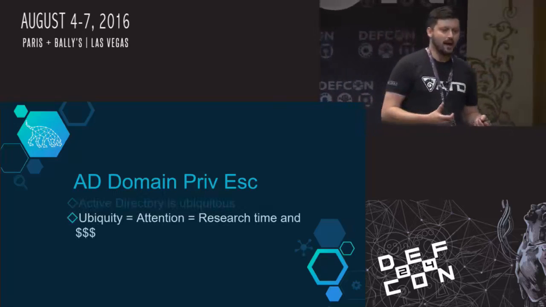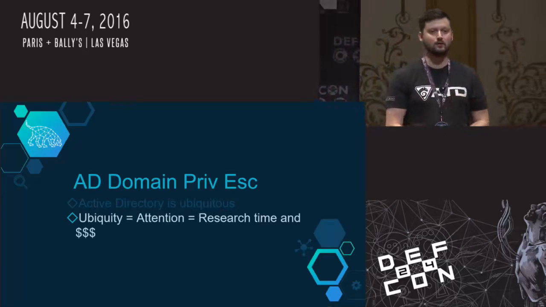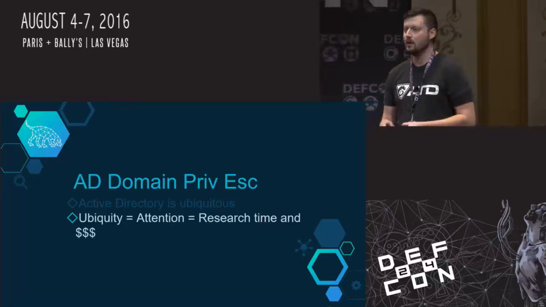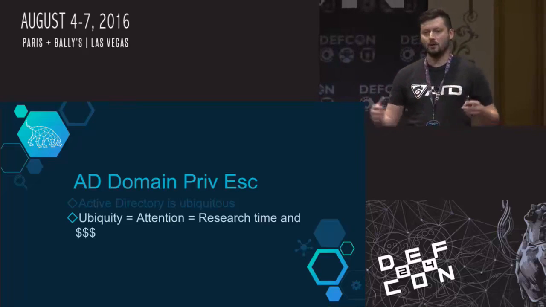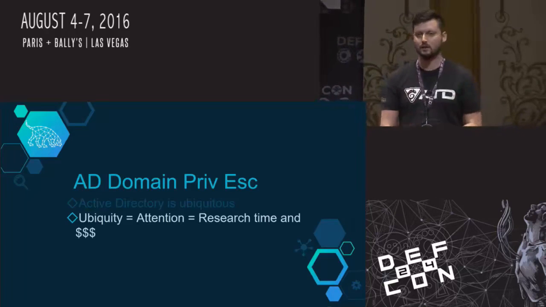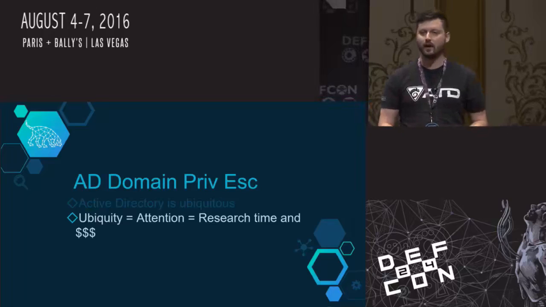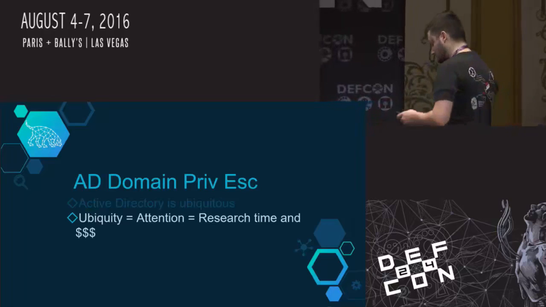That ubiquity means that Active Directory is a subject of a lot of attention, not only from defenders, but also from attackers. So that means that there is a lot of time, energy, money, blood, sweat, tears, going into learning how to best defend Active Directory environments and also how to attack them.